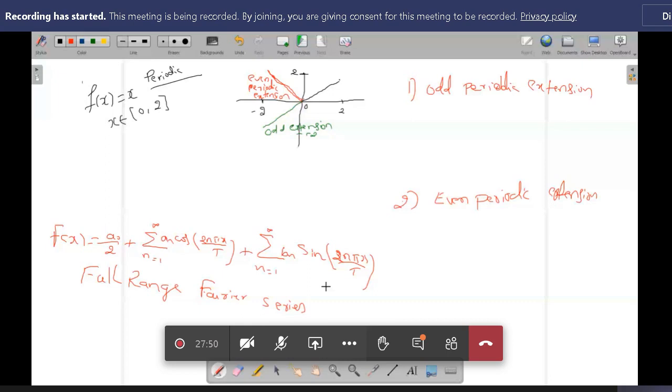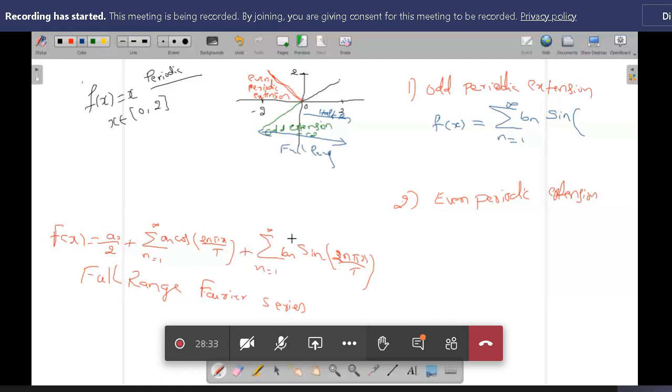So f of x is equal to summation n running from 1 to infinity bn into sine. Now when I say it is odd periodic extension, in the example I have taken 0 to 2, this is a half range, and I am extending this to the full range.